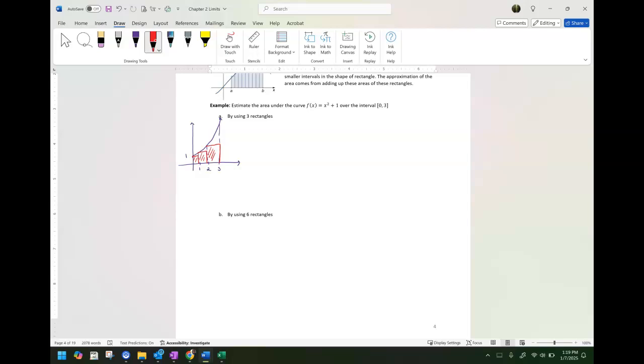So the height of the rectangles is at f of 0, f of 1, and f of 2. The width of the rectangle is 1. So the area under this curve is the sum of these rectangles: f of 0 times 1 plus f of 1 times 1 plus f of 2 times 1. And this is an underestimate.